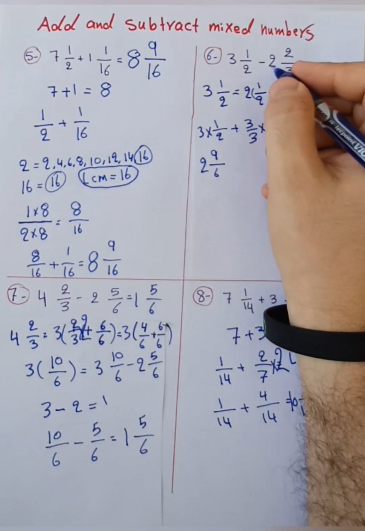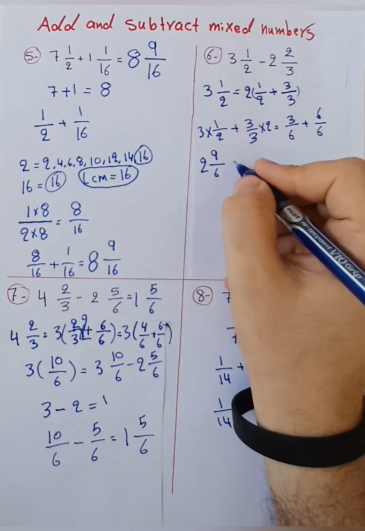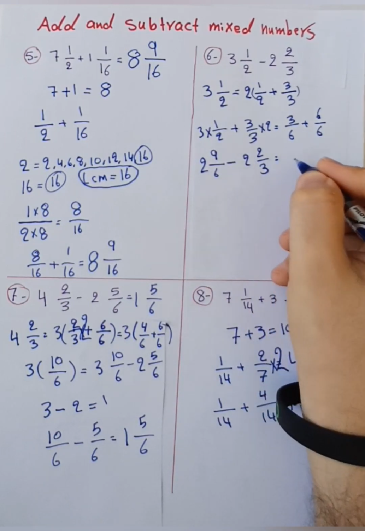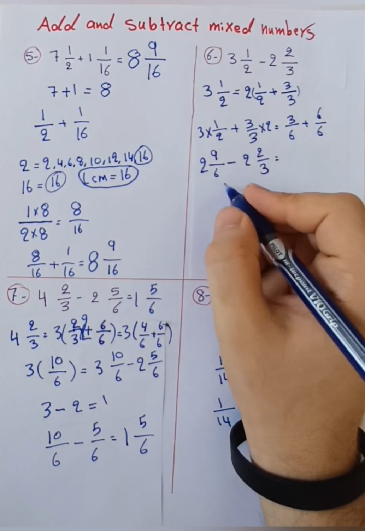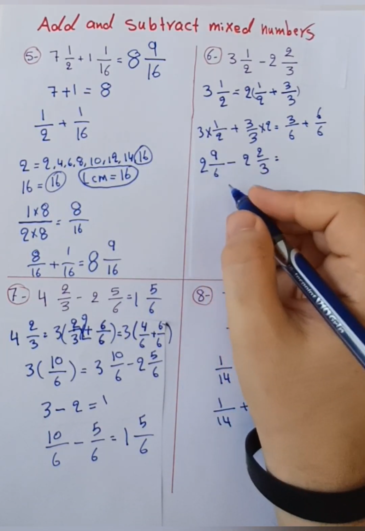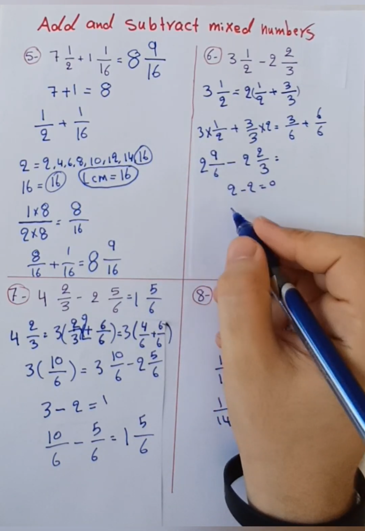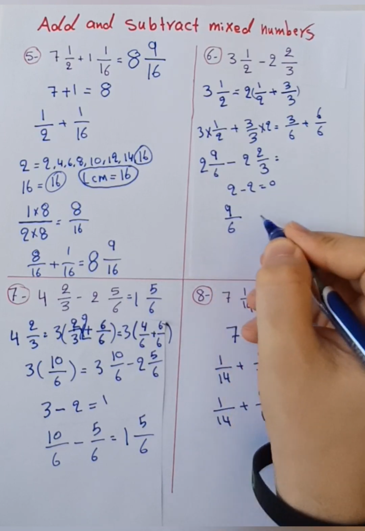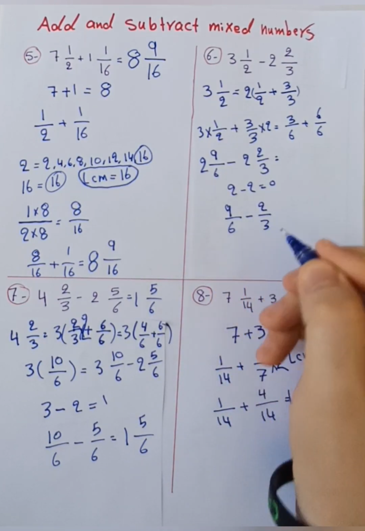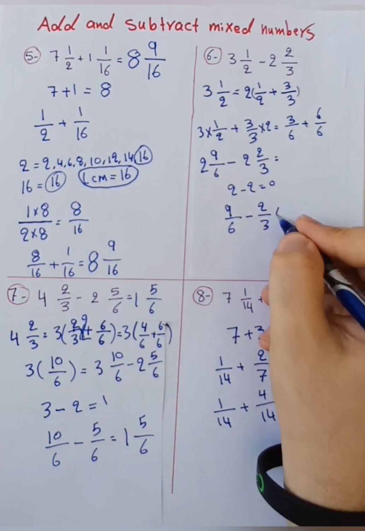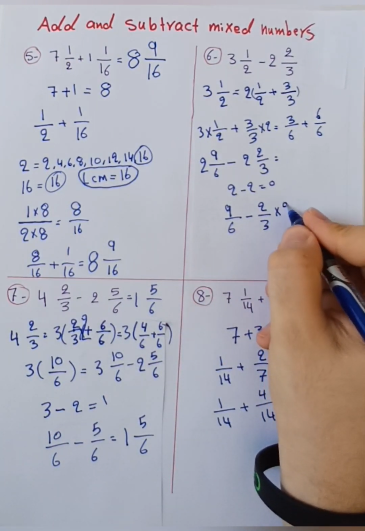And then we have to subtract 2 and 2 out of 3. So we have to subtract the whole number first. 2 minus 2 is 0, and then we have 9 out of 6 minus 2 out of 3. The least common multiple for 6 and 3 is 6. We have to multiply the second fraction by 2.